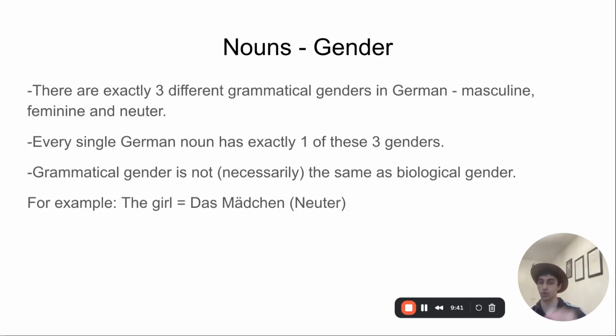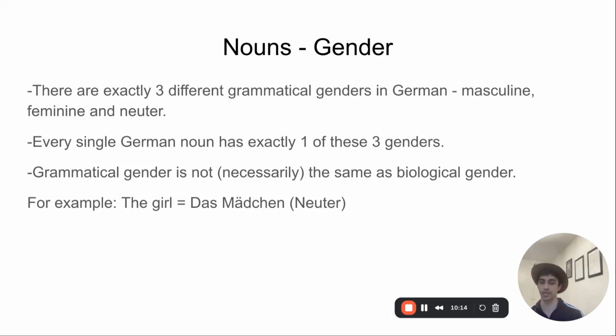Many students will just rote learn, so they will simply learn the gender of every noun one by one. Of course, if it works well for you, definitely give it a go, but it's not the most efficient method because you can learn generalizations or general tendencies. For example, nouns ending in UNG will be feminine, nouns ending in CHEN are neuter, and so on. And that can hugely reduce the amount of learning time required to memorize the gender just by learning those patterns or shortcuts instead.